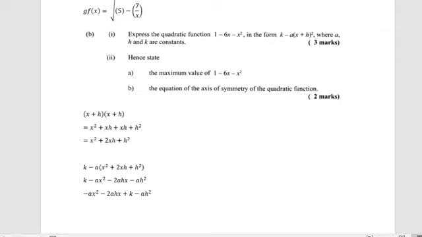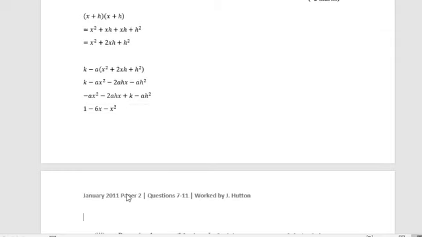So it is 1 minus 6x minus x squared. If we rewrite that in the same format, it will be minus x squared minus 6x plus 1.